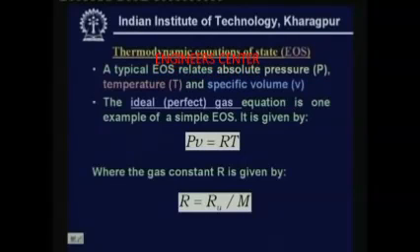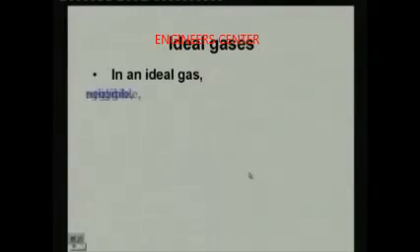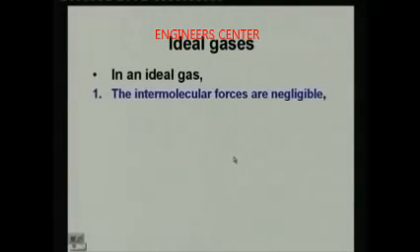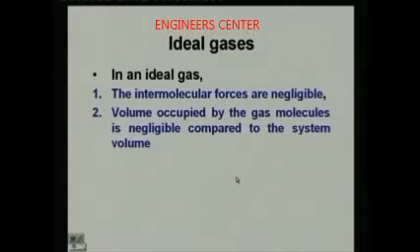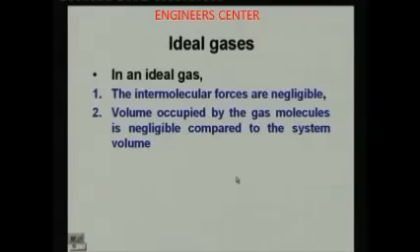And let me just repeat what is an ideal gas. I am sure all of you know that a gas is said to be an ideal gas if the intermolecular forces are negligible, and also the volume occupied by the gas molecules is negligible compared to the system volumes. Under these two assumptions we can call a gas an ideal gas.